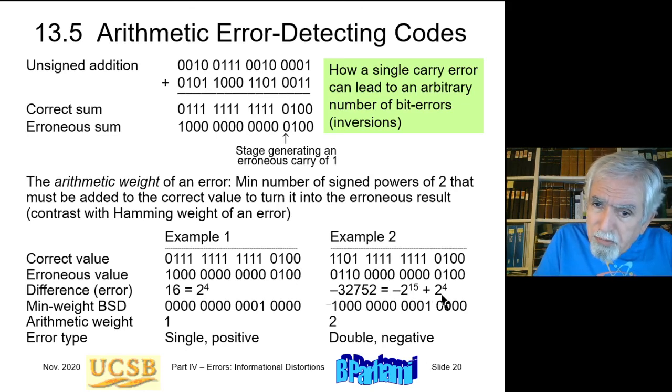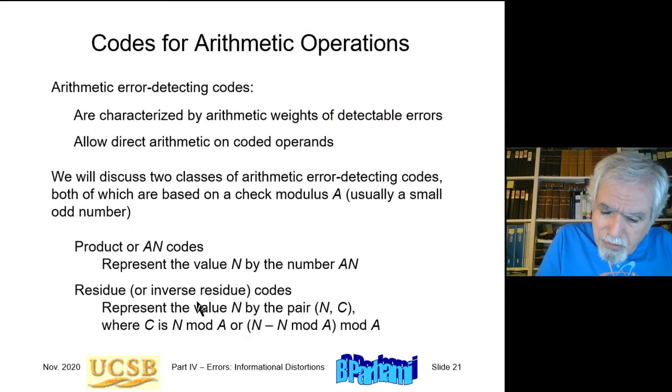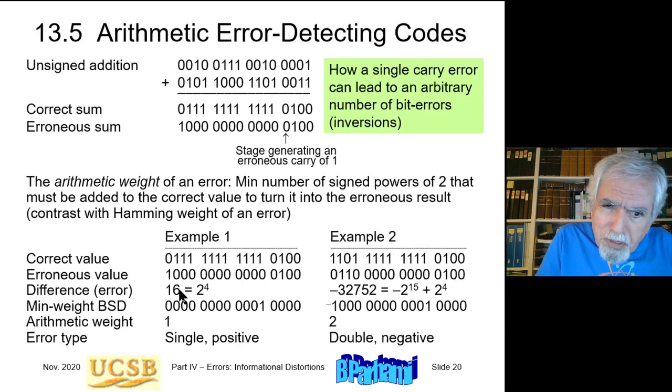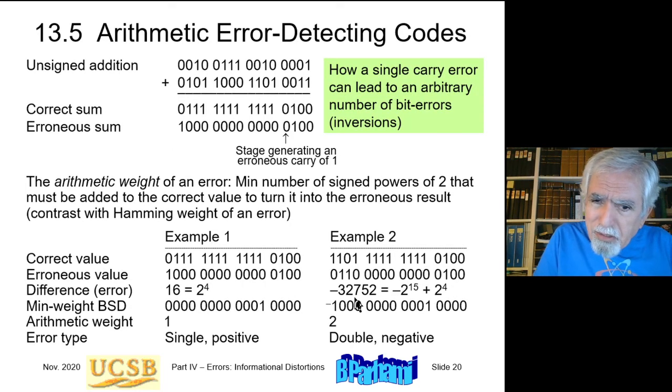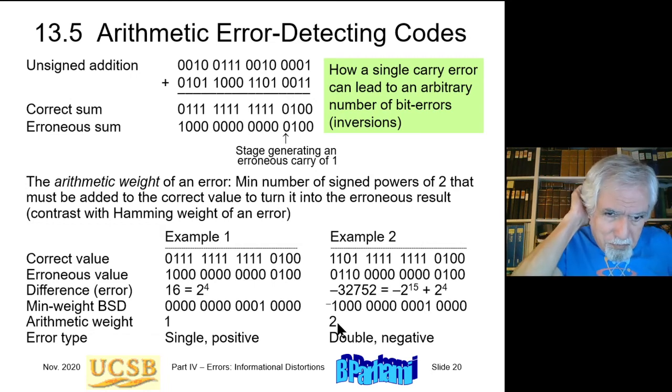So 2 to the 4 has been added and 2 to the 15 has been subtracted. So the error, in this case, was plus 16. In this case, the error is minus 32,752. But this error happens to be of a kind that can be written as the sum of 2 powers of 2. And therefore, we call this a double arithmetic error.